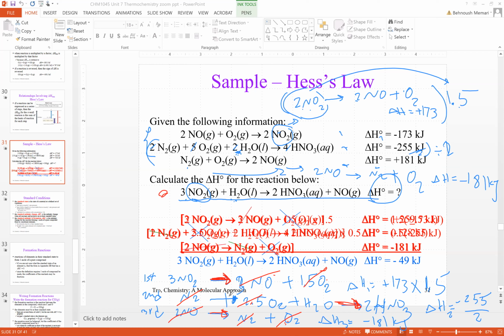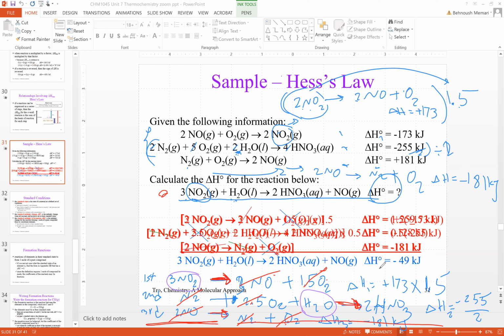Now we're adding these 3 reactions together. Anything that is not canceled will go as the final reaction. What is not canceled, I'm going to circle with the purple color because I don't have room to write it down. It's going to be 3NO2 on the reactant side plus O2 on the reactant side. Nothing is left from reaction 3.